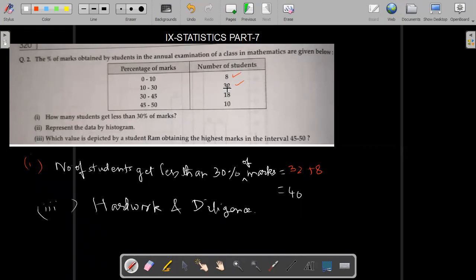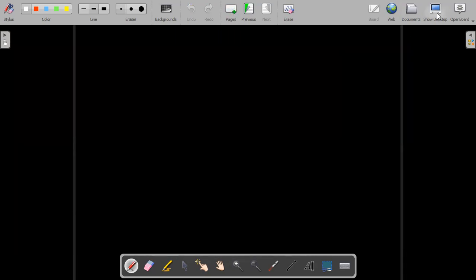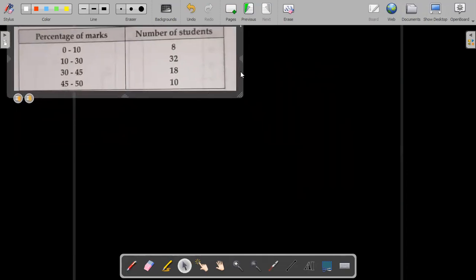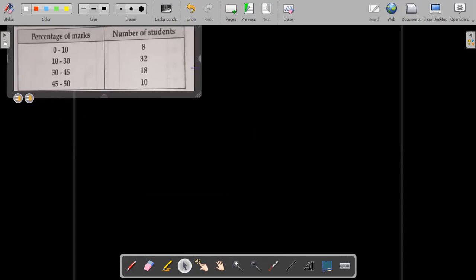So what will you do for drawing the histogram? You have to check, what will you check? Will you start directly drawing the histogram? No, we cannot draw the histogram directly with this one.